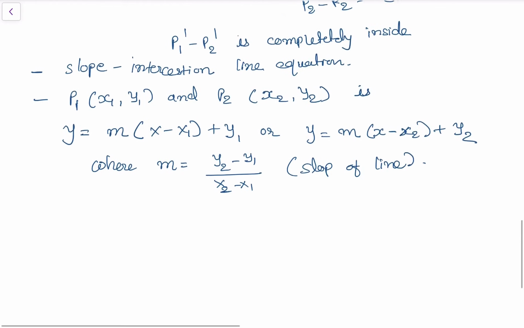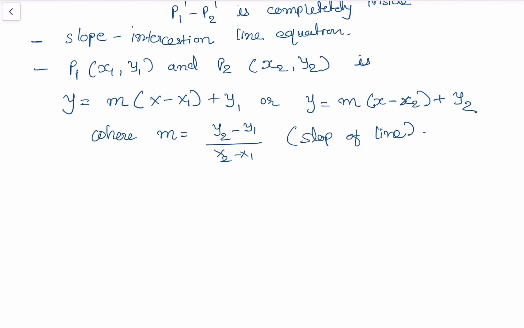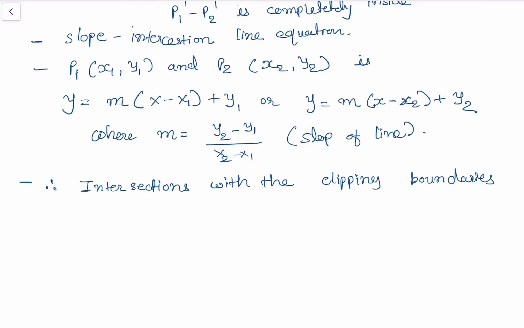Therefore, the intersections with the clipping boundaries of the window are given as follows.